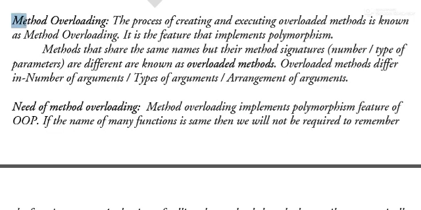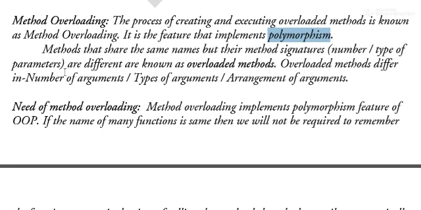Method overloading is the implementation of polymorphism. Method overloading is a process or technique by which we can create more than one method in a class with the same name, but they have different signatures. Signatures means they have different parameters.